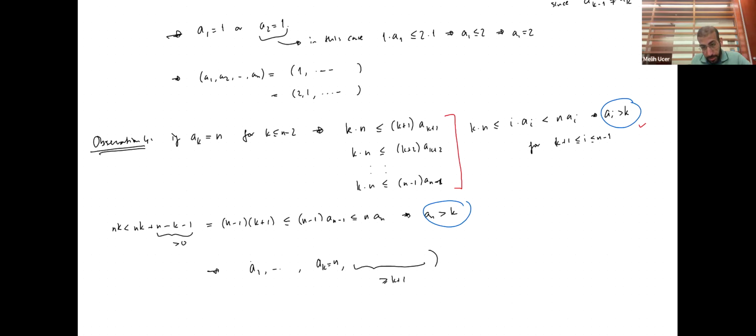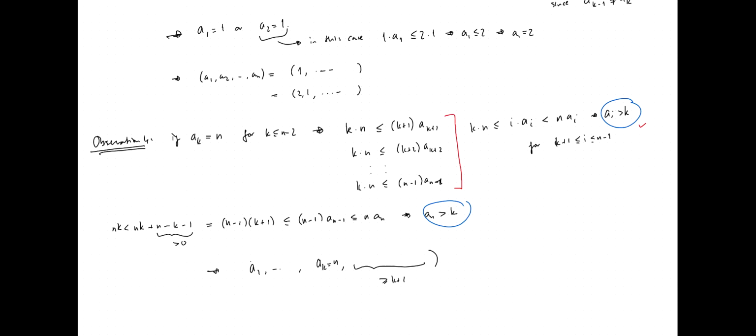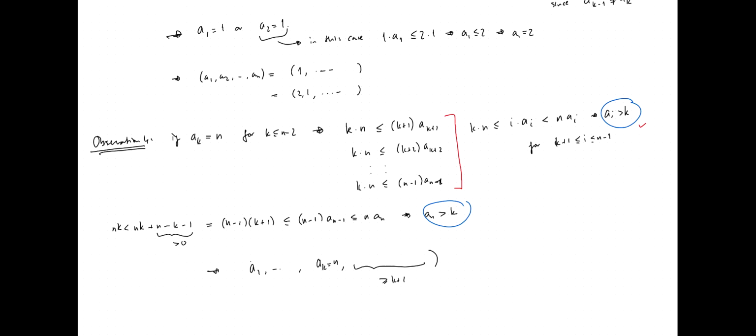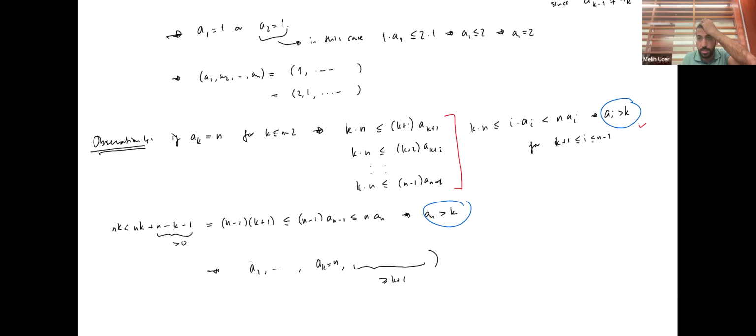Well, these are the indices. If you look at the indices, these are the indices that are k plus 1 and above. And if all the numbers are here, k plus 1 and above, it just must be a permutation within itself. But why are all these numbers bigger than or equal to k plus 1? So this inequality and this inequality.